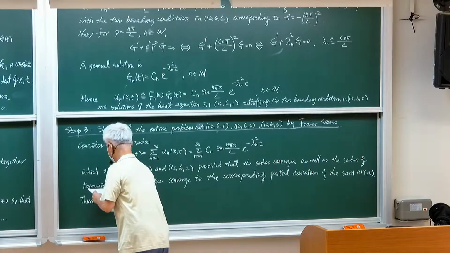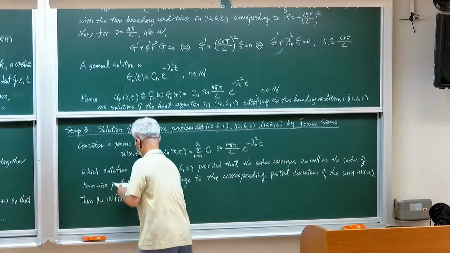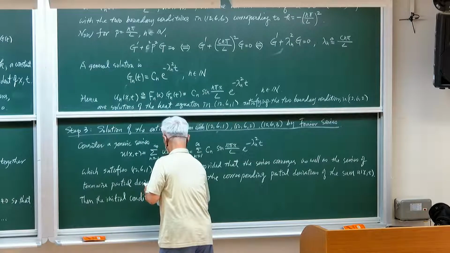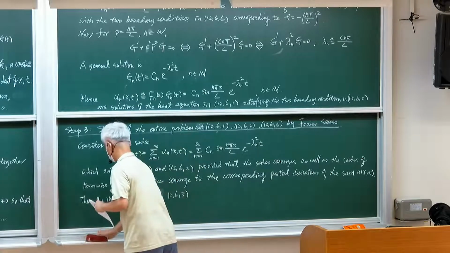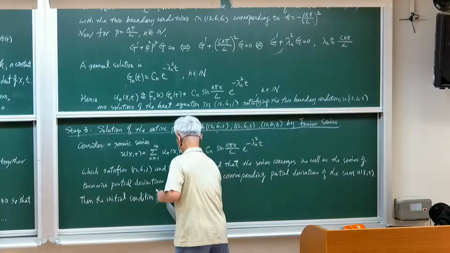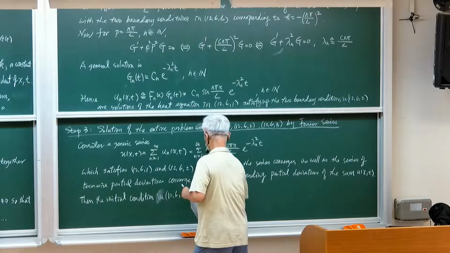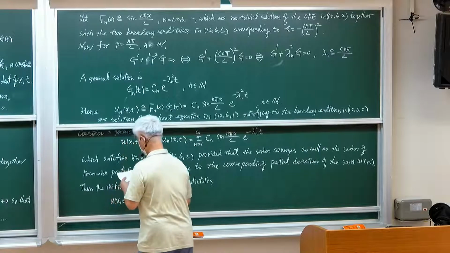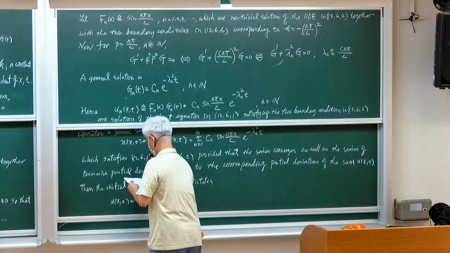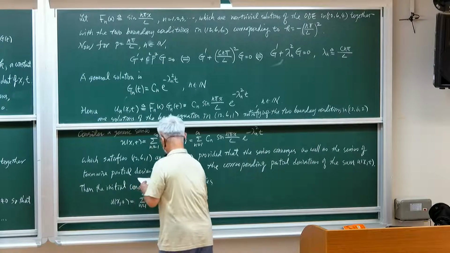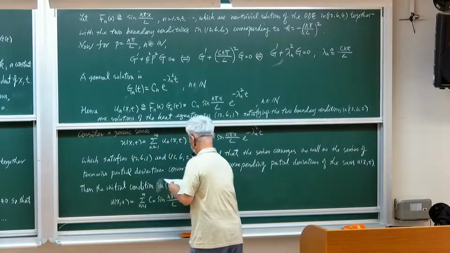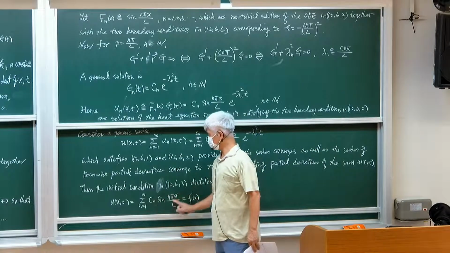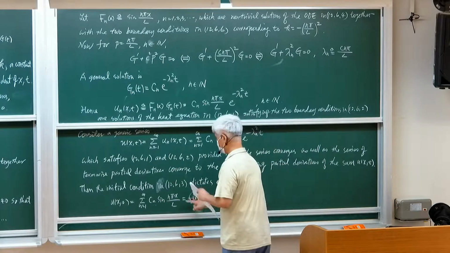Then the initial condition in 12.6.3 dictates that u(x,0), which is equal to the summation of C_n sine(n pi x / L), equals f(x).